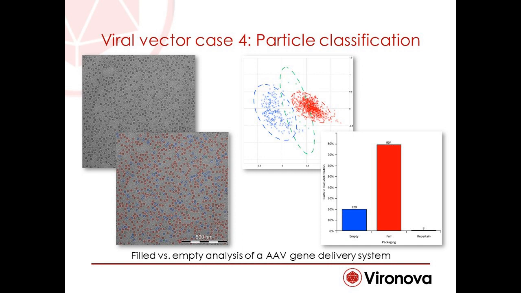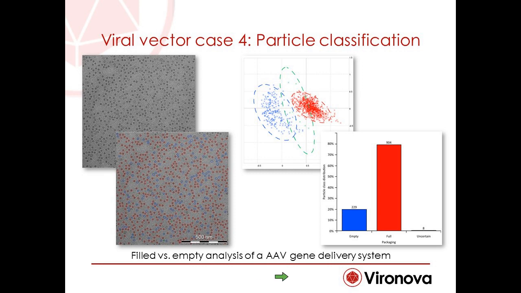So we take the images and let the software run detection and classification, and you can see that the software easily can differentiate between the empty particles shown in blue and the filled particles shown in red. So these are 4 case studies that we often do for biovectors.